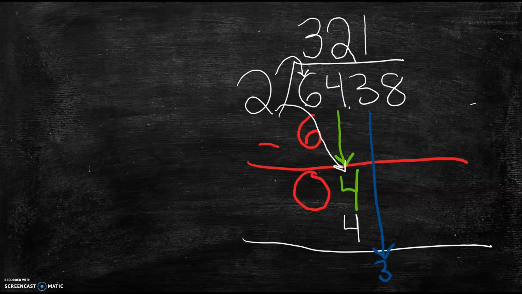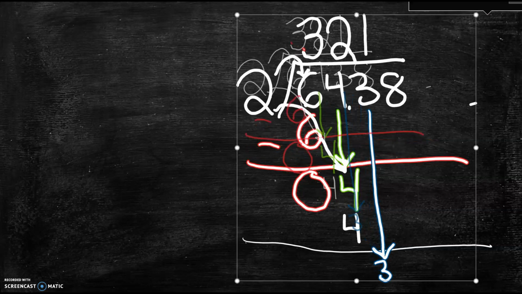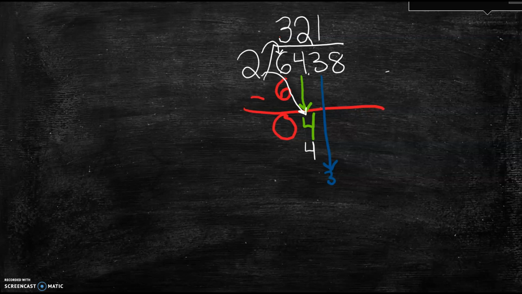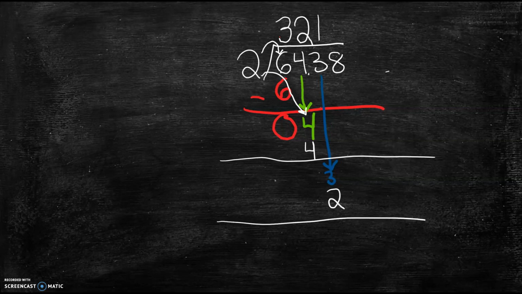And it's okay that we still have some left over. And so let me shrink this a little bit so it fits. All right, so that's right. So then we're going to do 2 times 1 equals 2. And so we're going to write the 2 underneath the 3. And we're going to do our subtraction again. And you're right, we have 1 left over. That's okay.